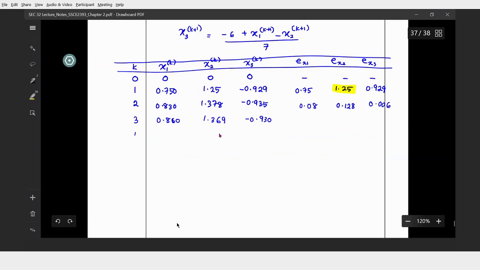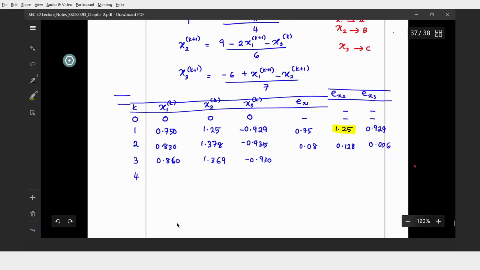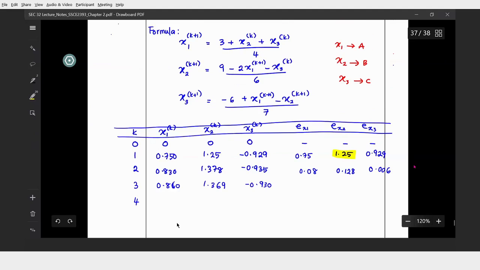K equals 4. Okay, kira dulu. Cuba takkan error. Proceed. 0.03 satisfy, but let's see the second one. And 0.009 satisfy already.